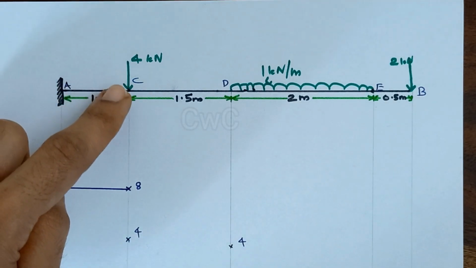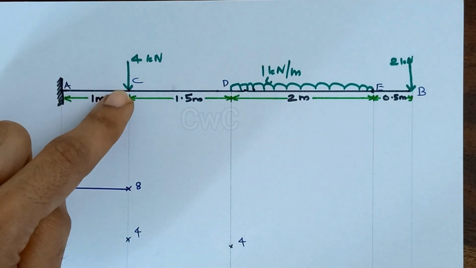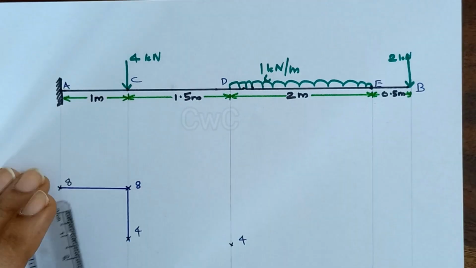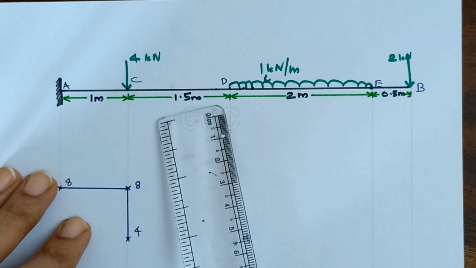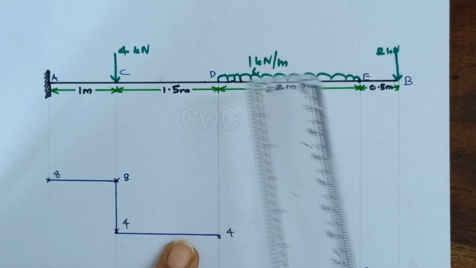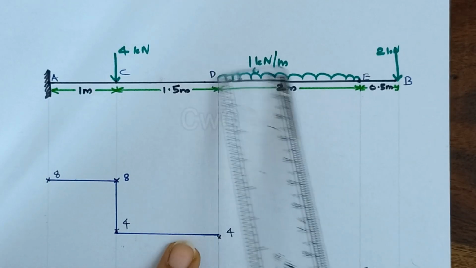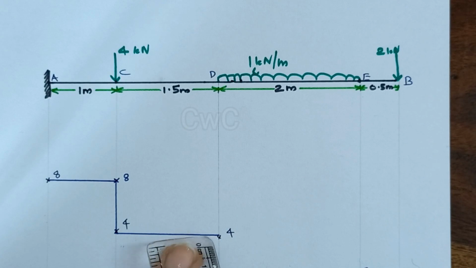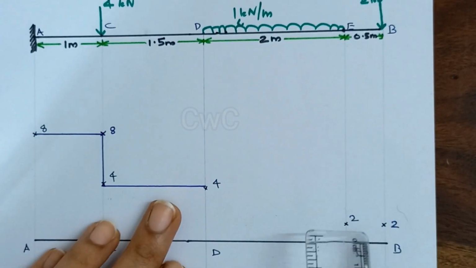Now there is a point load here and the shear at C is 4. So there will be a sudden drop to 4. From C to D there is no other loads. From here again it will be constant. And here from D to E we have a linear variation, and at D we have 4 and at E we have 2.